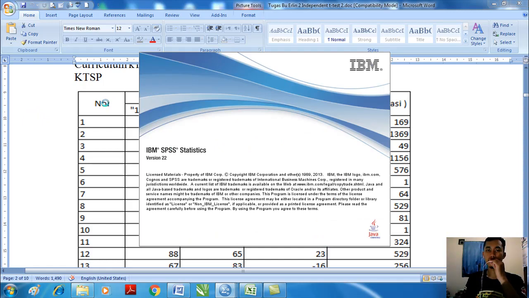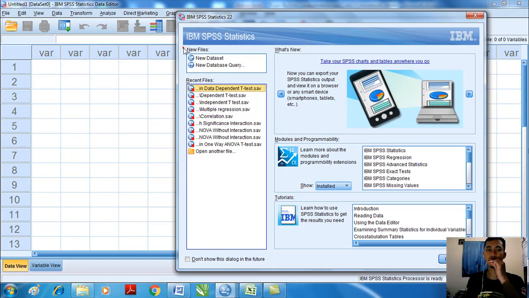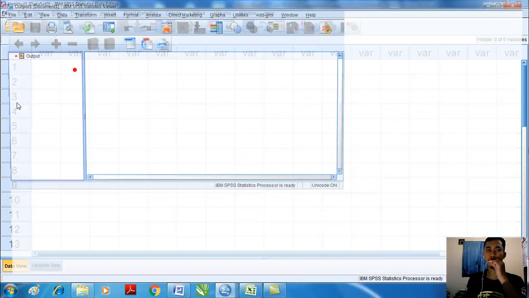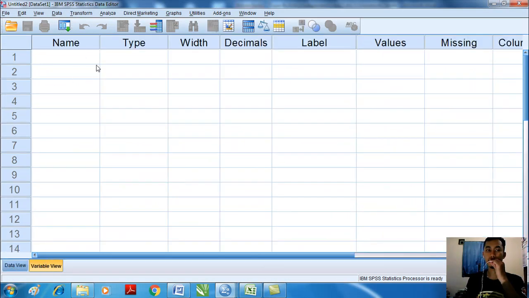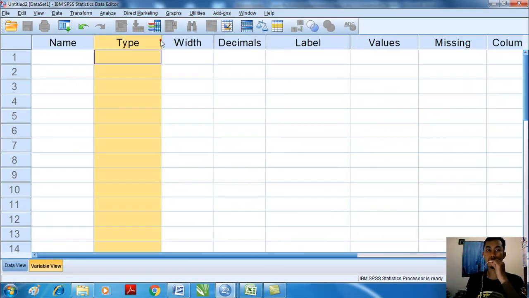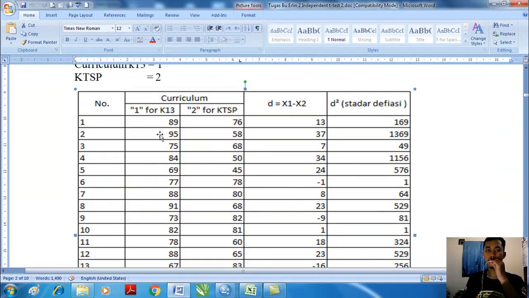After this, we need to input the data variable. This is the appearance of SPSS. Now, from this data, put the data into SPSS.